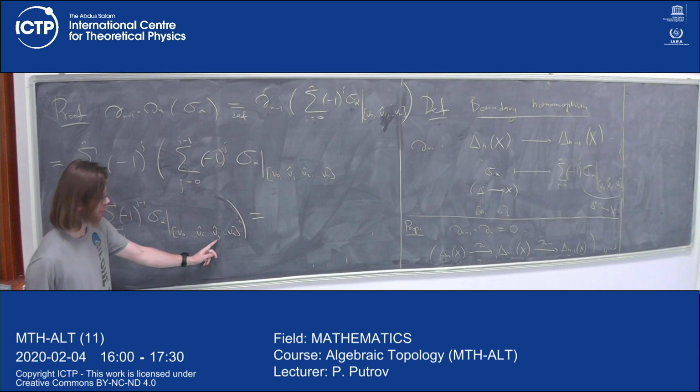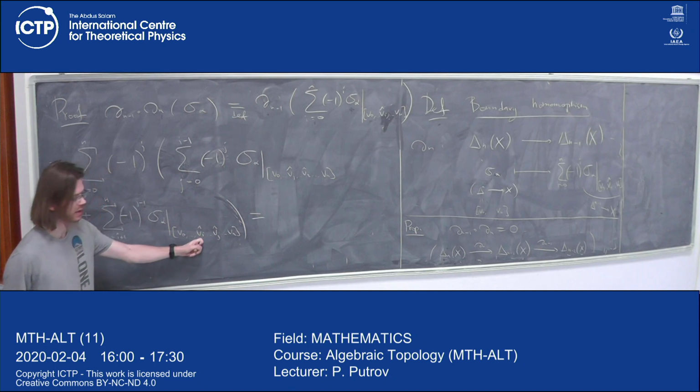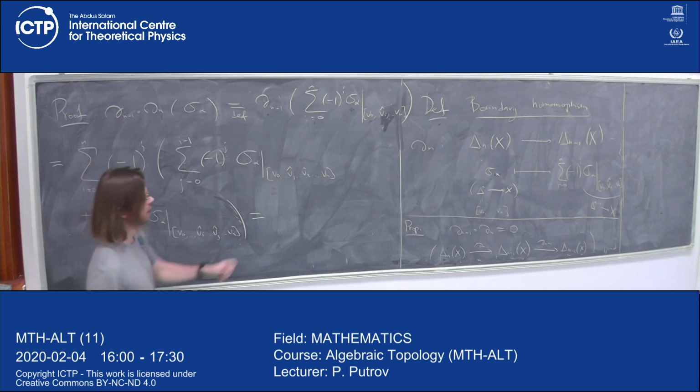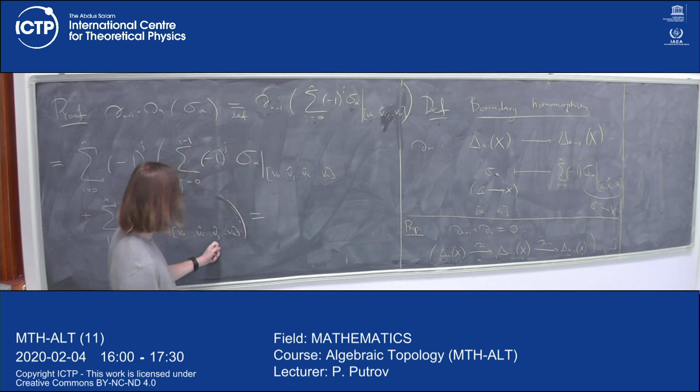Because this position is actually the j minus 1 position, since this vertex is already removed. Here it was j's position, but here it's position j minus 1, if I count from the beginning.